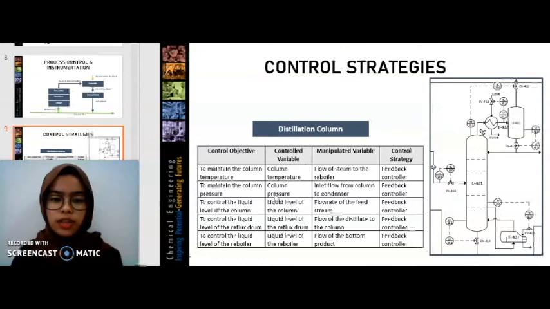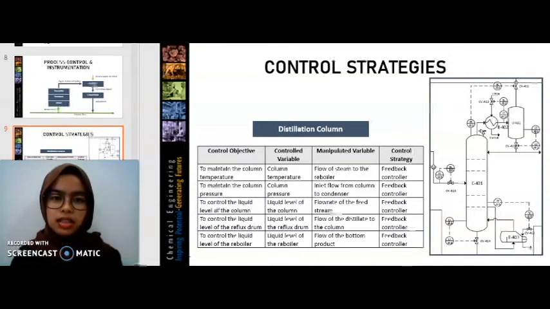The first control variable is the pressure. The pressure is maintained by manipulating the cooling water supply flow rate to the condenser. The pressure of the condenser will increase as the vapors produced in the distillation column increase, so the cooling water flow rate will be adjusted in order to condense the vapors. Then the pressure will be reduced back to the desired set point.